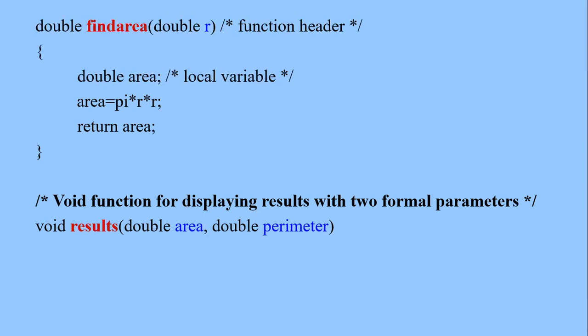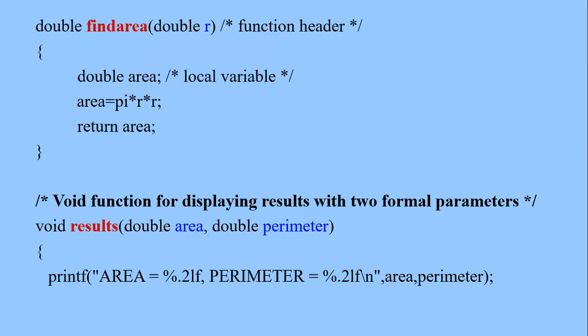So it will receive perimeter as double and the area as double. So it will receive two parameters, one for area and the other for perimeter. And then it will just display area. It will display the content received as perimeter. Whatever figure it will receive as perimeter, it will display it on the screen.